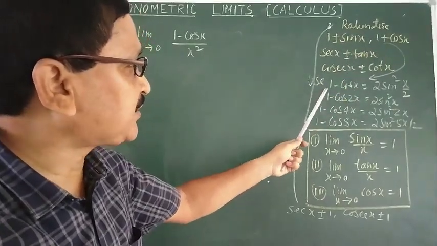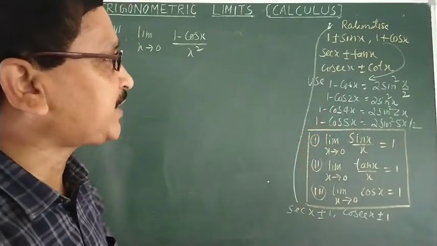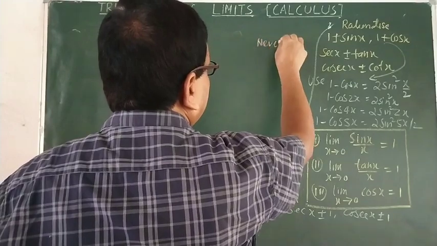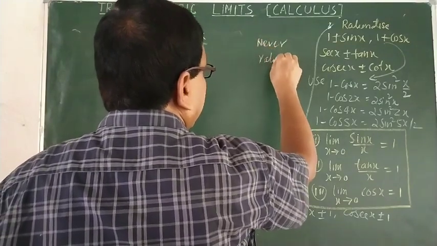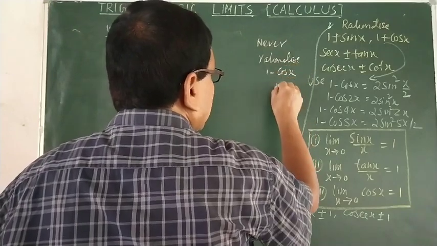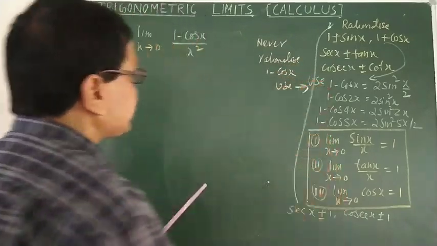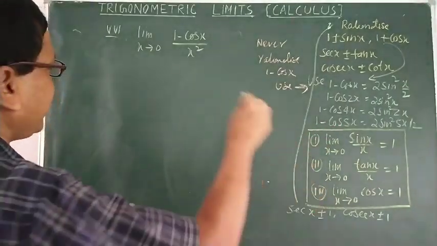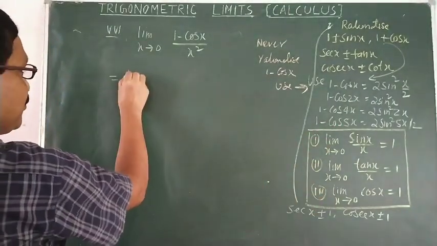For this, use the formula. Never rationalize 1 minus cos x. Use this always. Use its formula and your answer will be welcoming you.